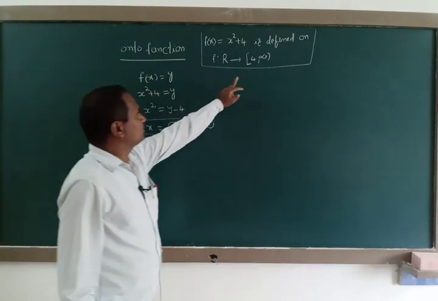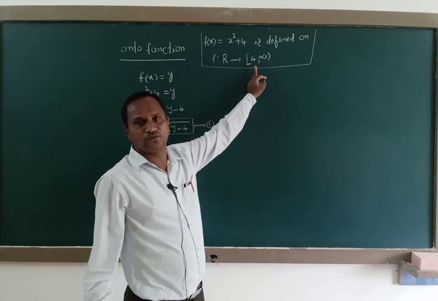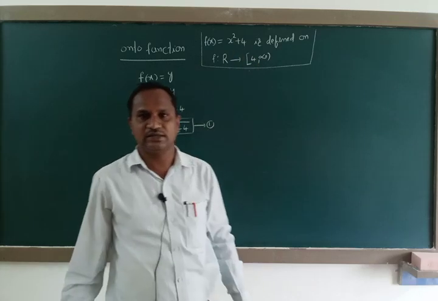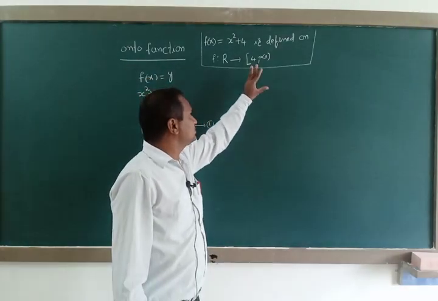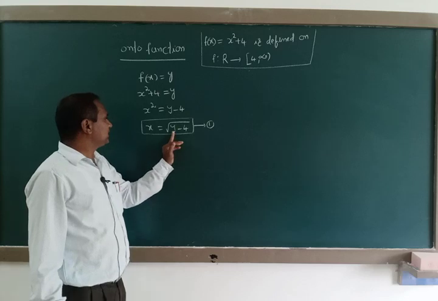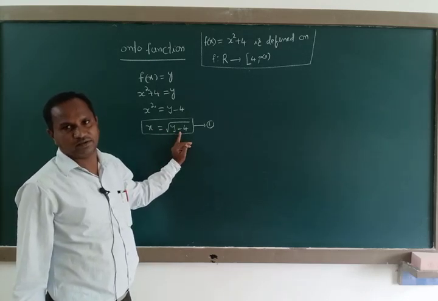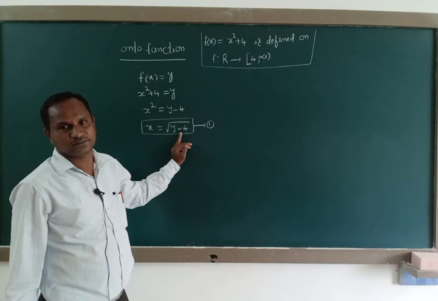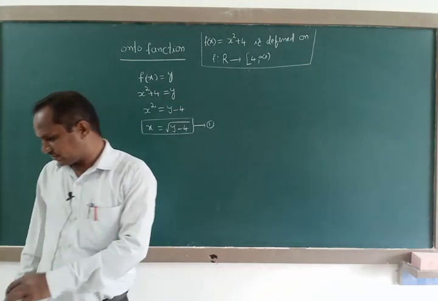From 4 onwards, including 4, afterwards 5, 6, 7, 8, 9, if we put those numbers here, again you will get x is equal to one positive real number.